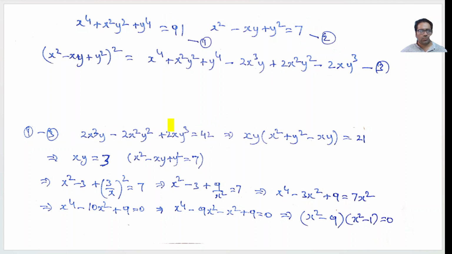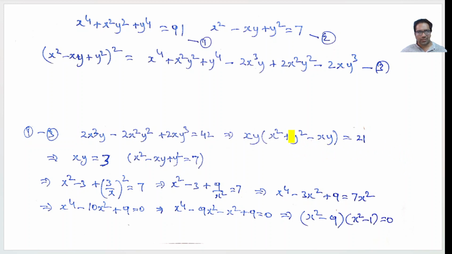We can take 2 common, then this becomes 21. And we can take xy common also: xy times x square plus y square minus xy equals 21.